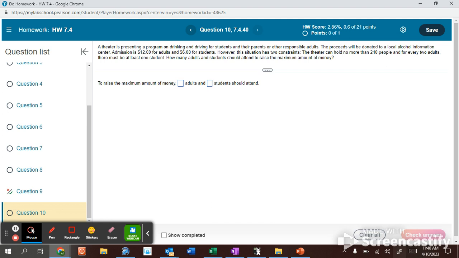Obviously, x has to be greater than 0 and y has to be greater than 0, or nobody's going to make any money. Okay? So the amount of money made, and so this is our function, this is what we want to know, this is our profit, equals $12 for every adult plus $6 for every student. Okay? So if we graph this out, this line goes like that, and it's 240, 0, and 0 to 40.